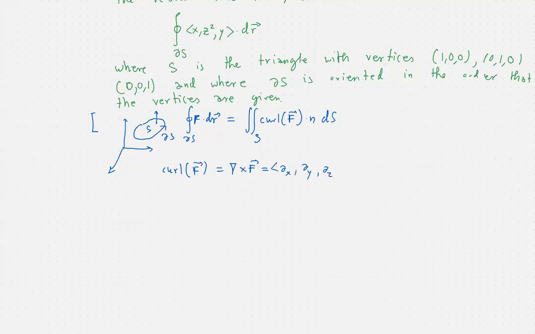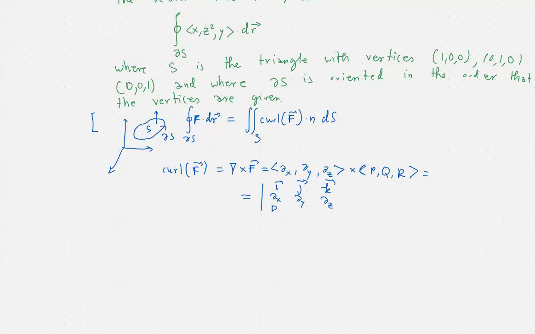And let's say that F is P, Q, R. Then this is going to be, in a formal way, i, j, k. Then we have on the second row the differential operators. Multiplication by them is differentiation with respect to the corresponding variable, partial differentiation.